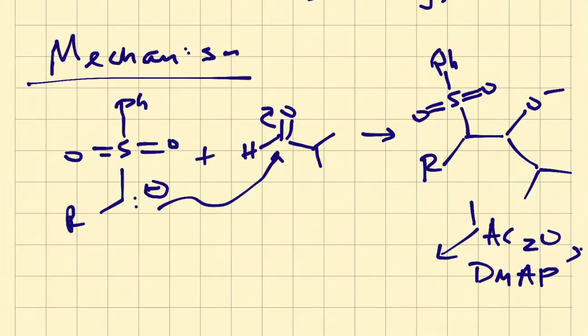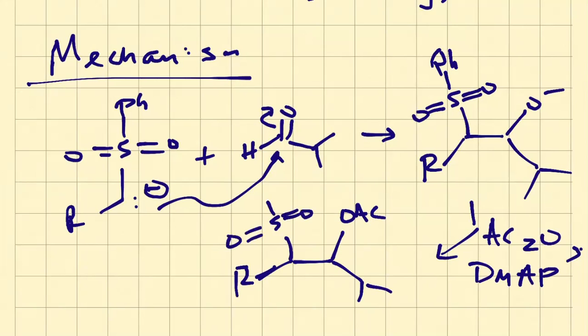That gives me this intermediate. What you see right now is that this is set up, if we did the elimination, to be a cis alkene, but the elimination doesn't happen here. That's the role of the sodium, which I'm going to show you in a second.